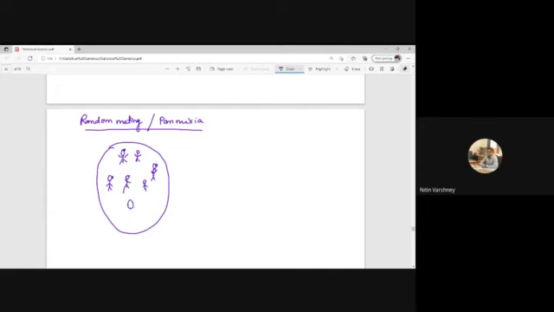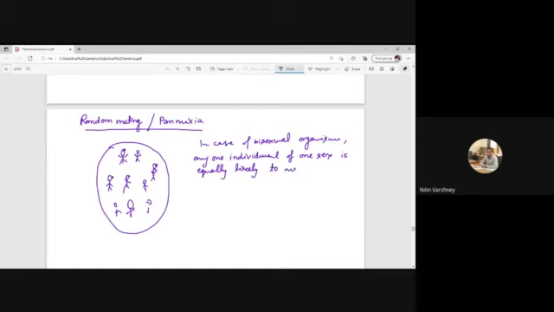So this is a population, and in case of a bisexual organism, any one individual of one sex is equally likely to mate with any individual of the opposite sex.